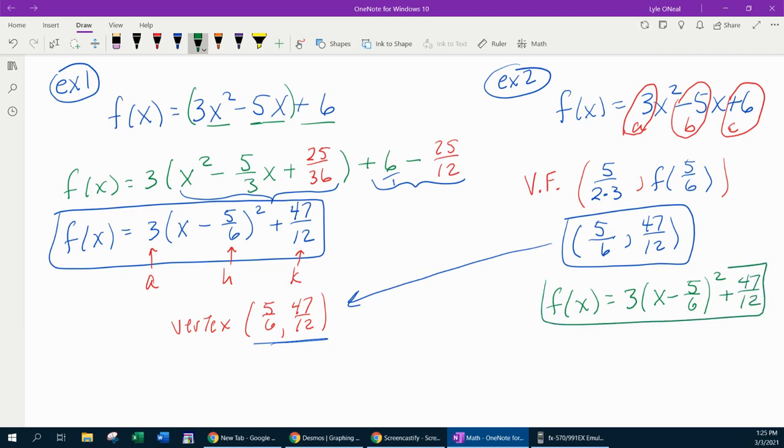And we're going to put a box around that. Notice that that is the same vertex form that we had previously. So that shows that there's two ways to convert from standard form to vertex form, one with completing the square and one with just using the vertex formula.